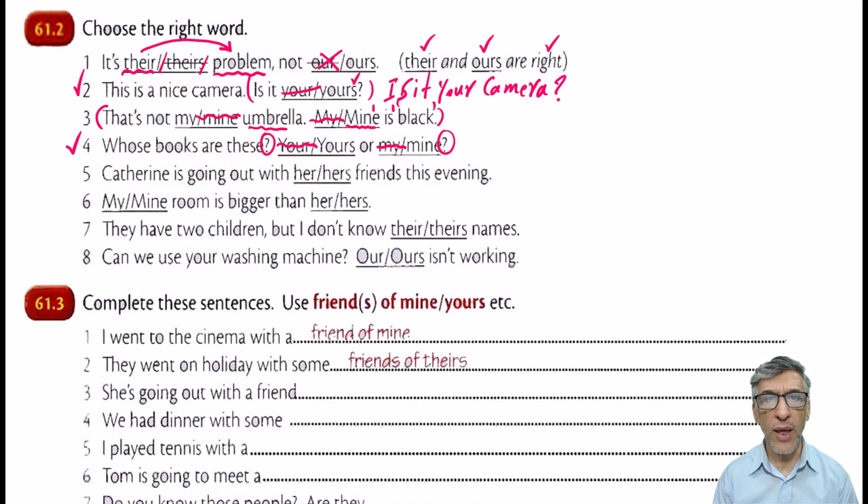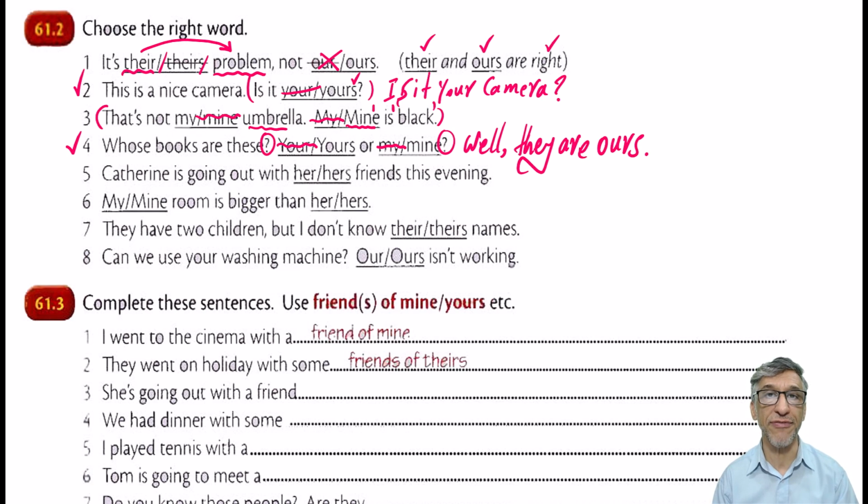I say, well, they are ours. You can say it in a different way. It means that they are your books and my books. They are mixed together. That's why I say, well, they are ours for both of us.